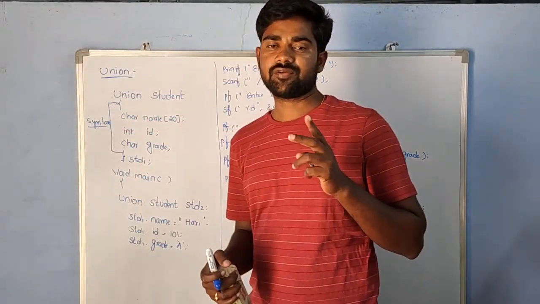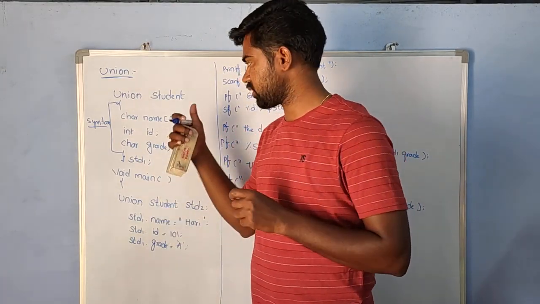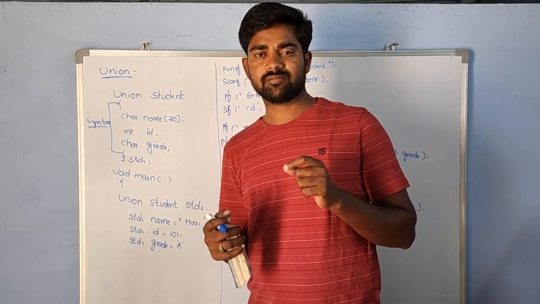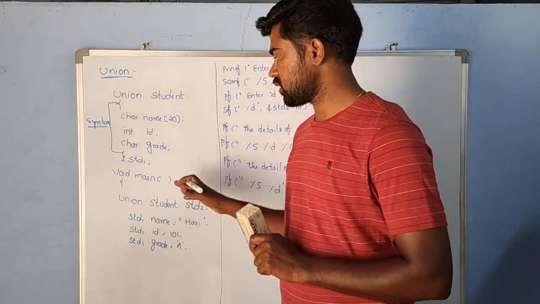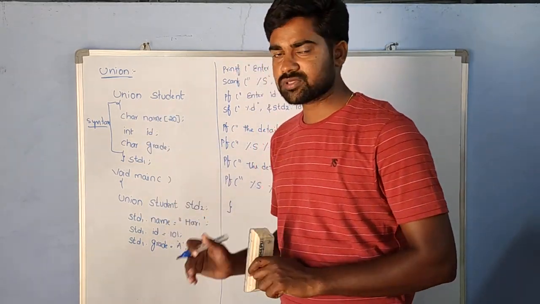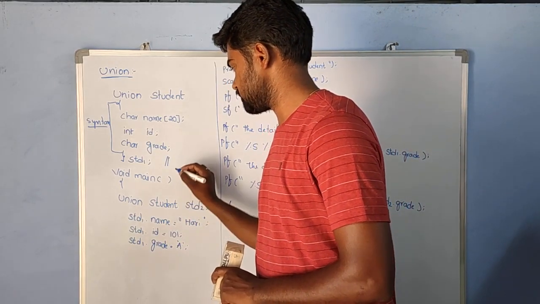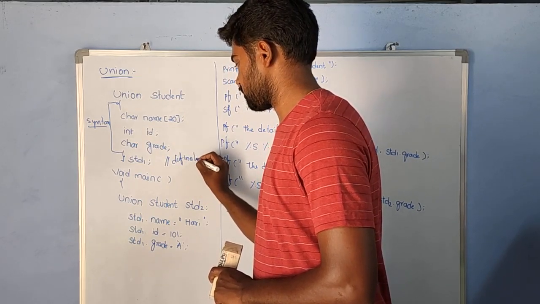Here we can create union variables in two ways. One is by the definition of union, another by using the keyword union. So how many variables have we created here? Two variables. One is by the definition of union.